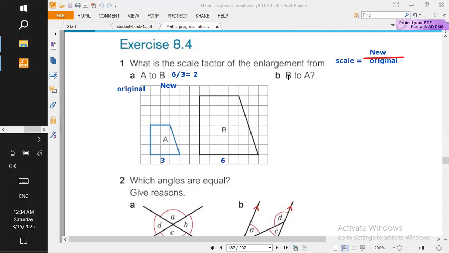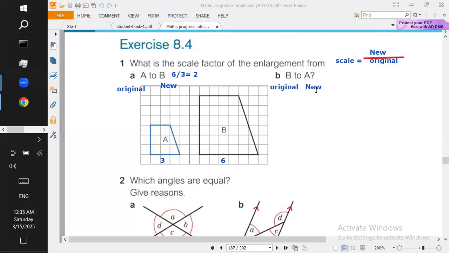Now, when it comes to B to A, this means we changed the place of the original and the new. Now, B became the original and A became the new one. And to find the scale, I have to divide the new one by the original. So I have to do the opposite now.